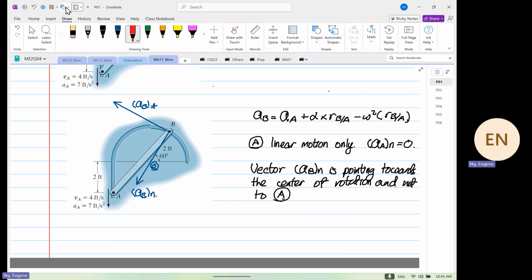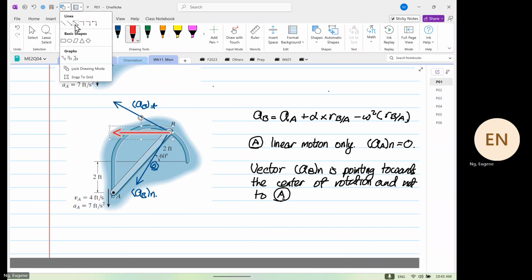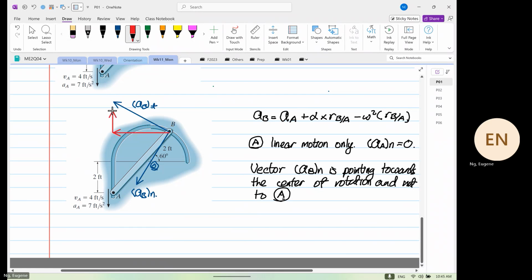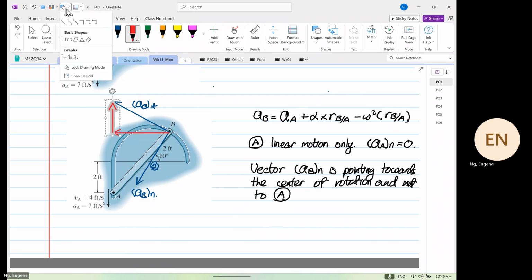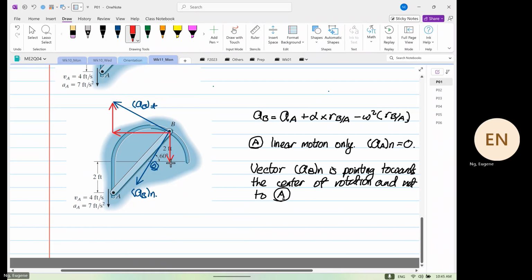Where things really look bad is this now. So now we know that this is 30 degrees. We are aware that this is 60 degrees. So we write the terms.